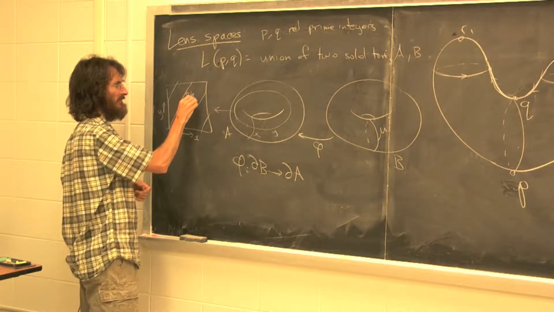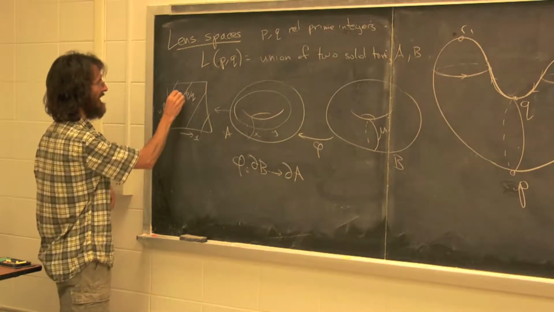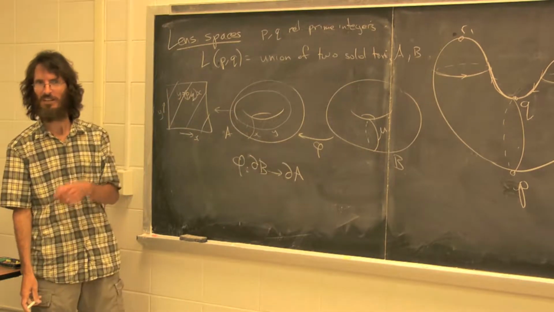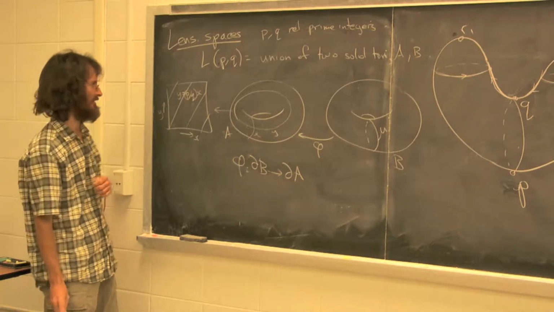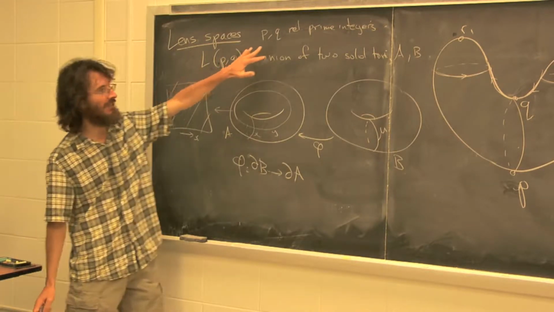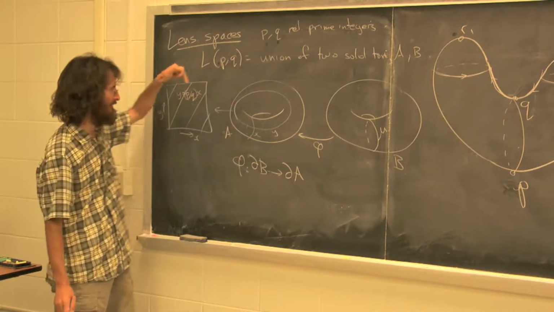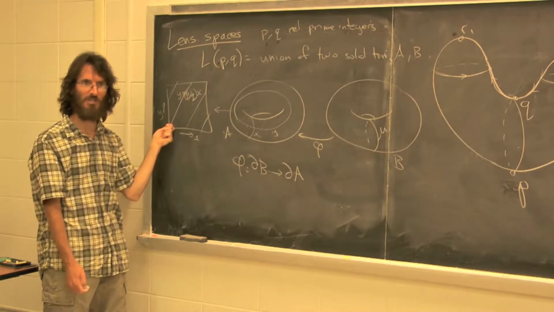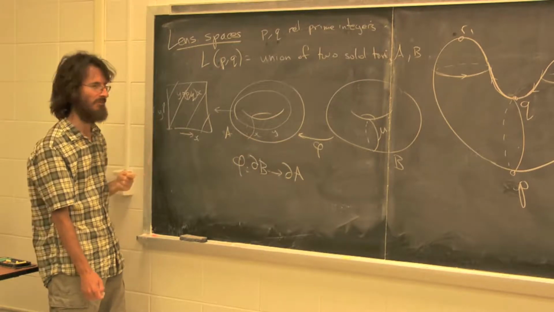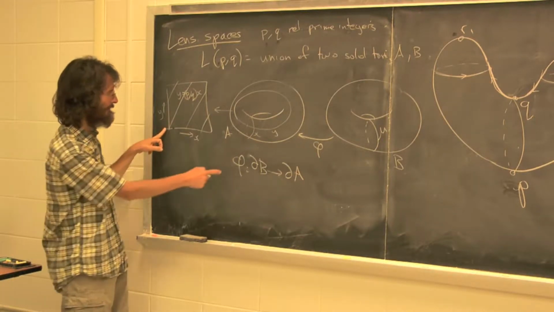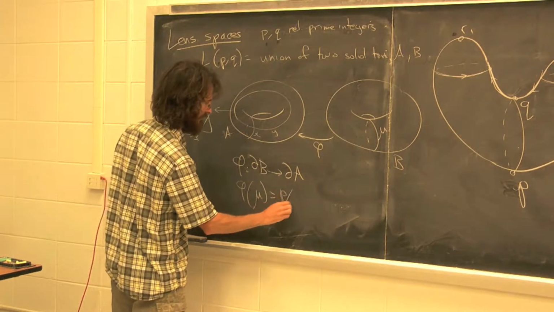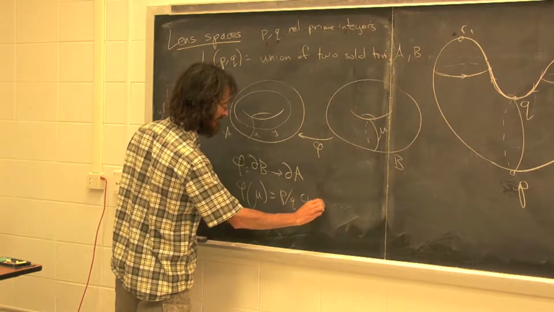That's the slope. Y equals P over Q times X. Now whether I've got P over Q or Q over P, I don't care. There's some convention as to how things work, but the point is, because they're relatively prime, if you go P times around one and Q times around the other direction, you get where you started. You have a simple closed curve. You don't go around multiple times. And then phi is determined by the fact that phi of mu equals this P over Q curve.